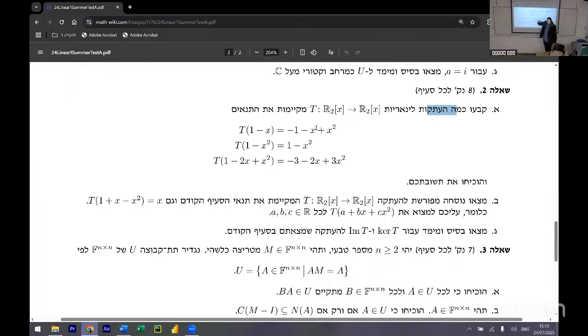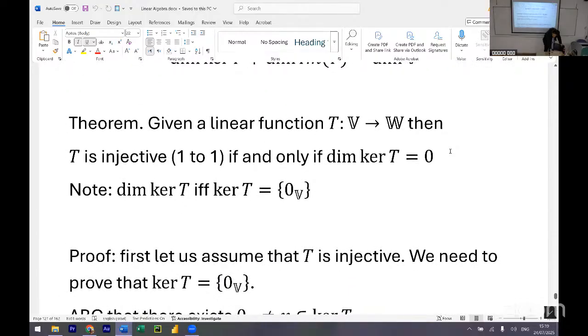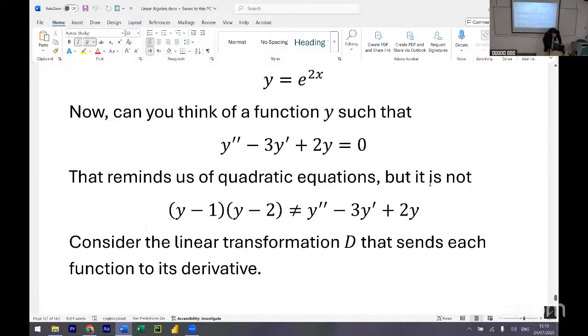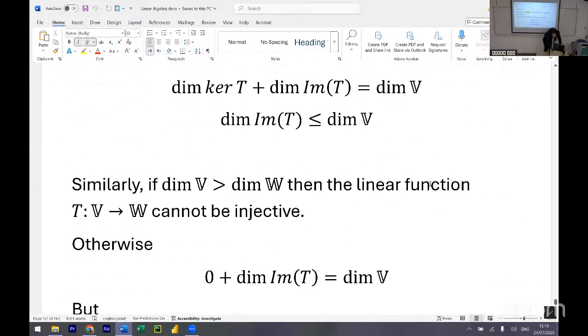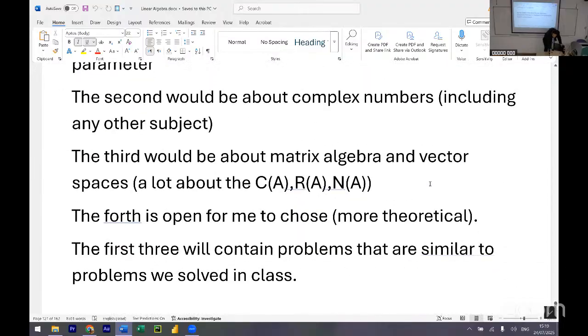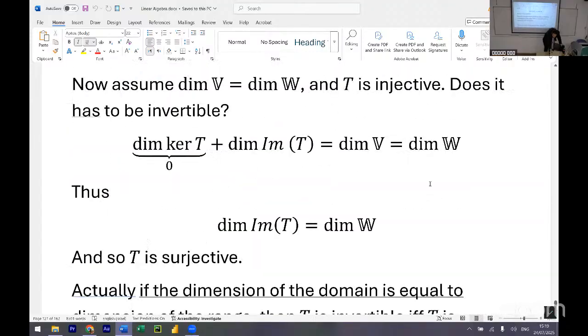Because I think it was the very last thing I said in the lecture. Let me check for a second. I think it's a theorem I just blurted out. I didn't prove it. And I think it was the last thing. I'm just making sure. No, that's the test.